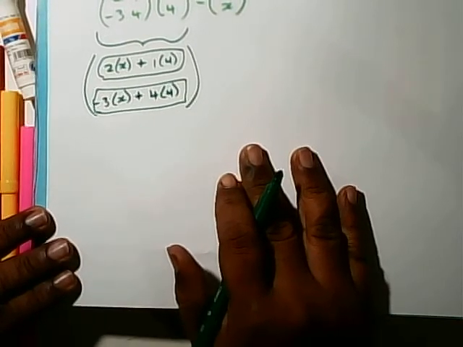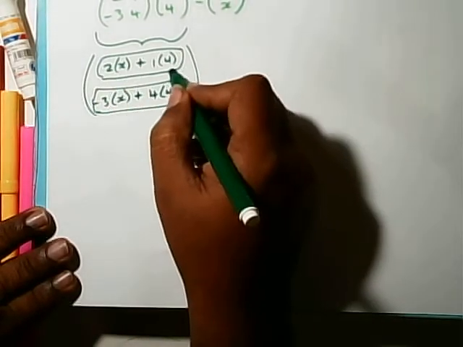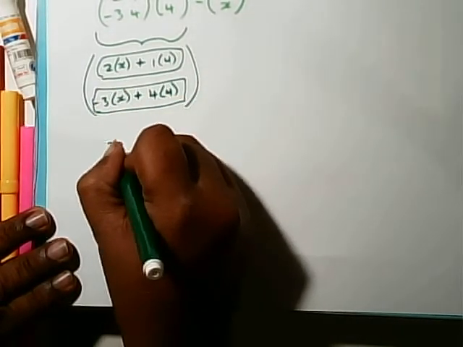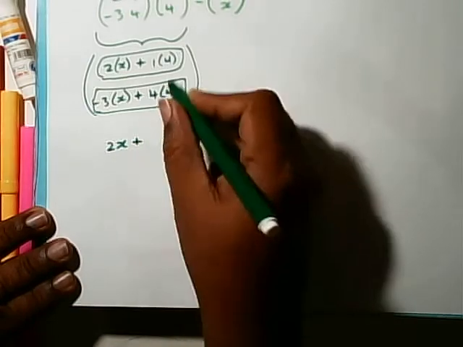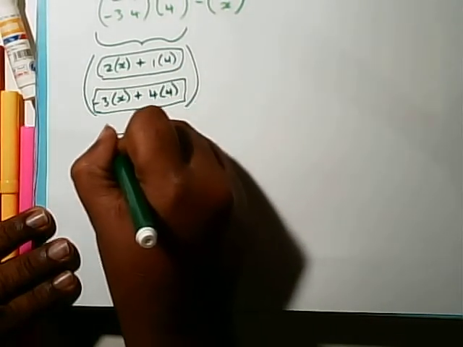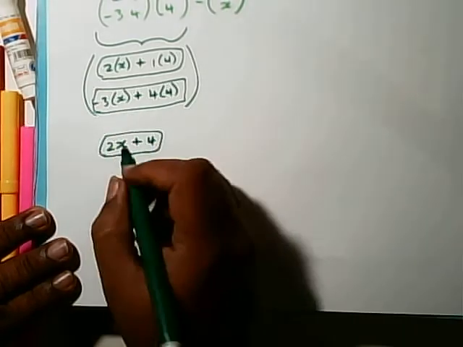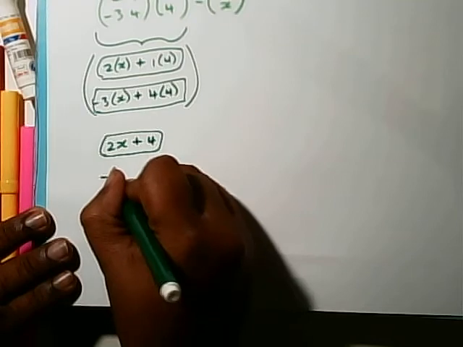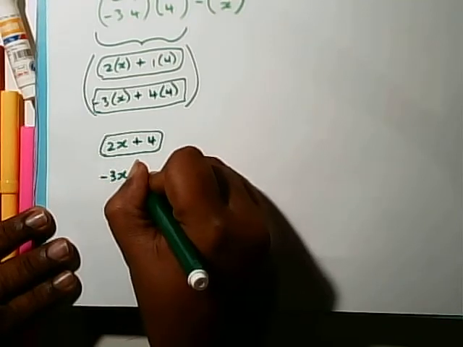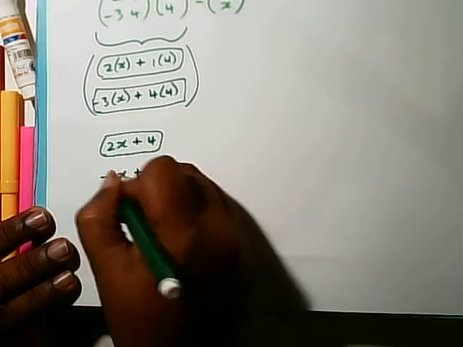Okay, so let me continue working that out. 2x plus 1 times 4 is 4. That'll be my top number. My below number will be minus 3 times x, which is minus 3x, plus 4 times 4 is 16.